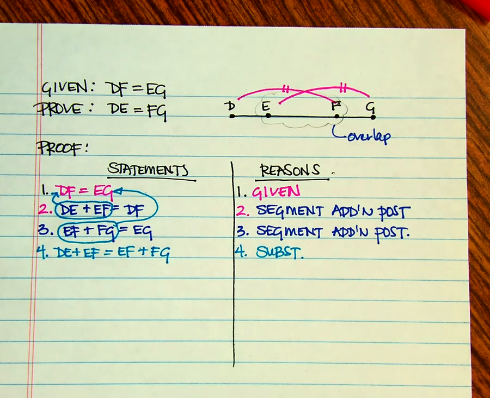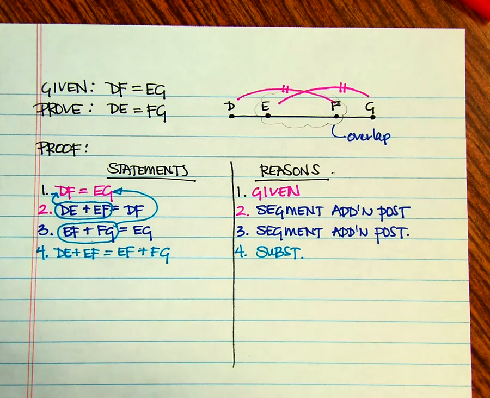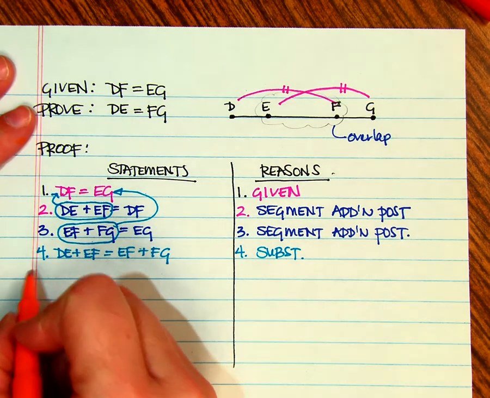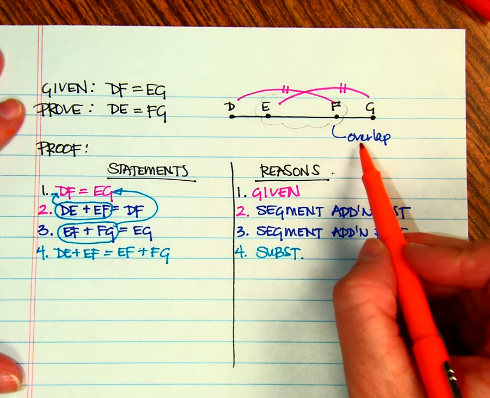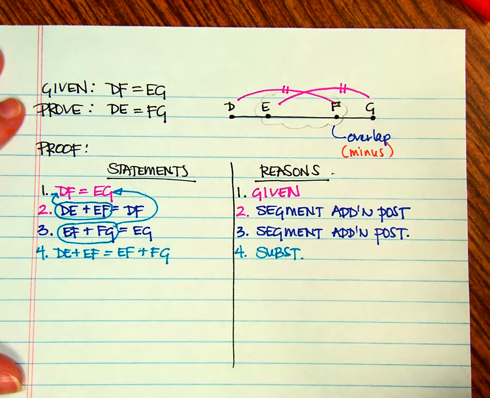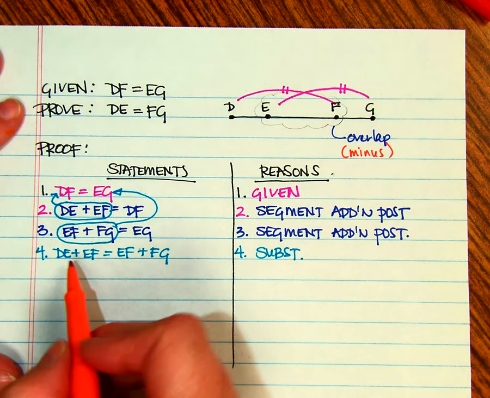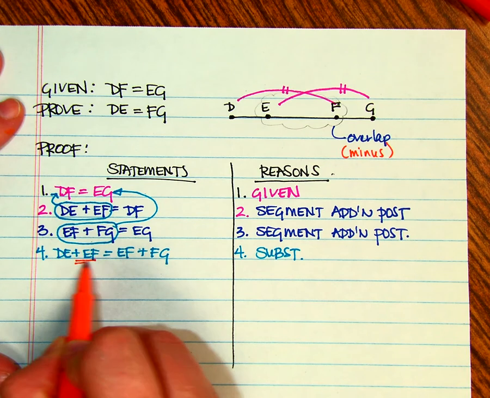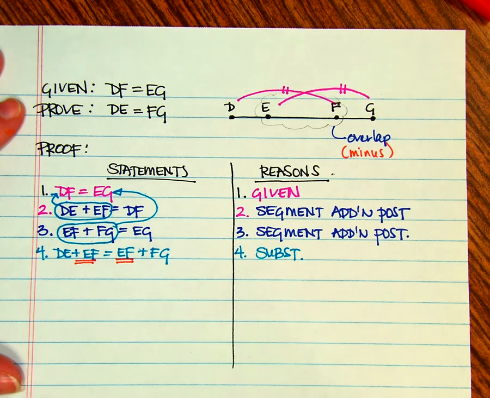So let's see if we notice anything now. So I have merged them together. And like I said, usually with the overlap, you're probably going to end up minusing or subtracting something. Look, I have the segment EF on both sides.